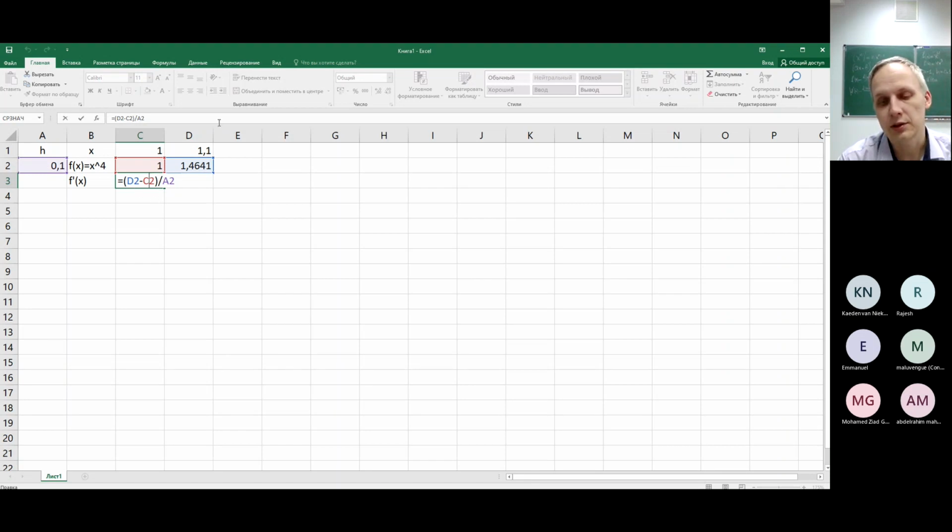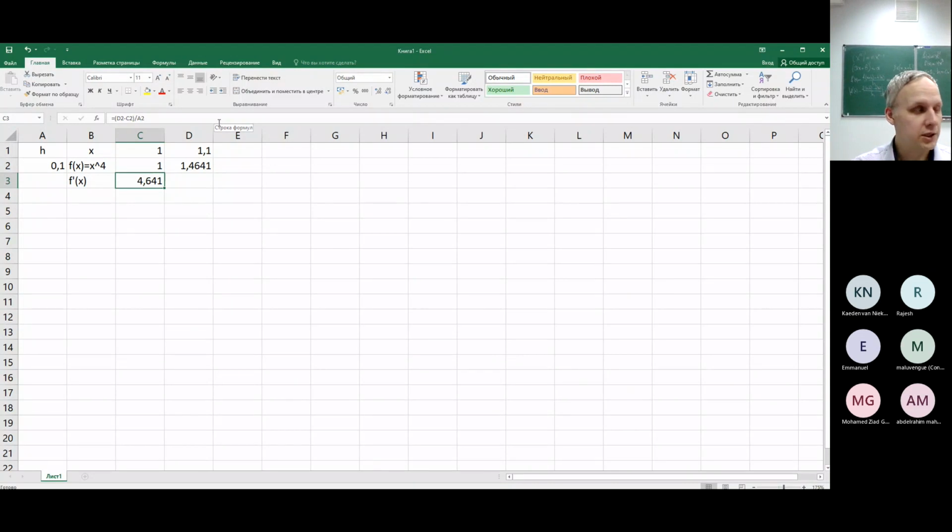These computations can be done in Microsoft Excel. And we have the answer that the approximate value of the first derivative is 4.6.